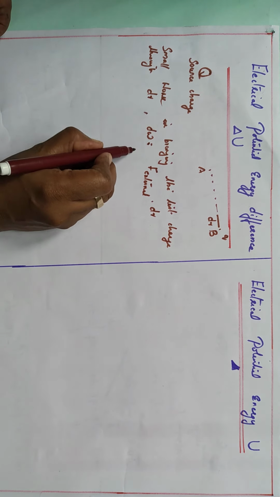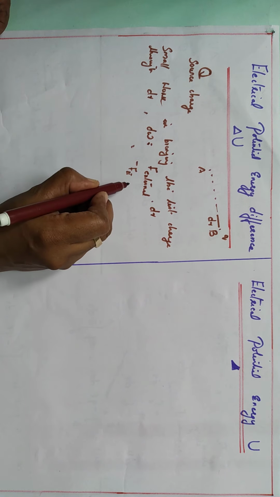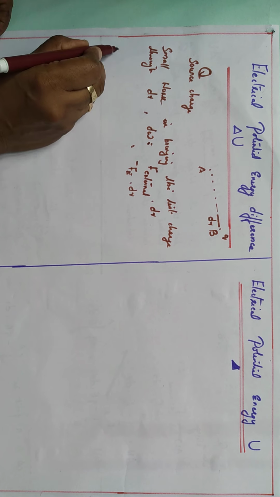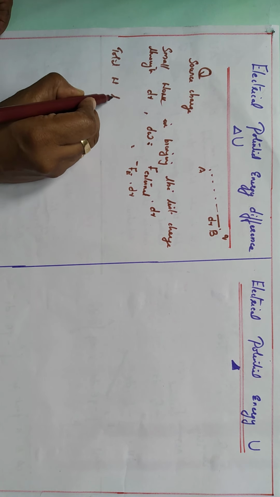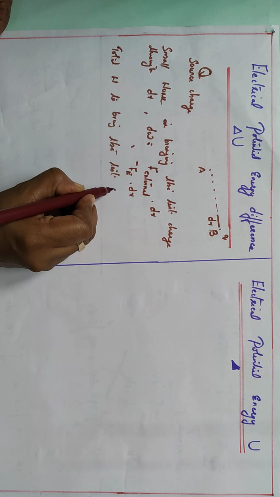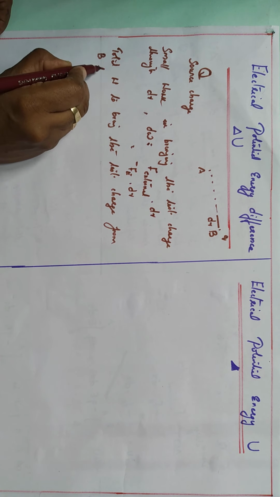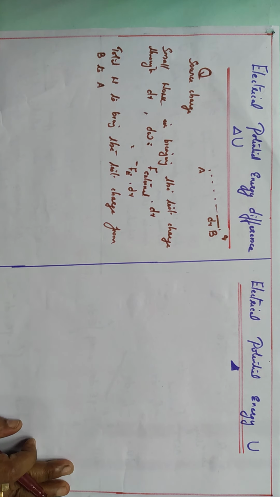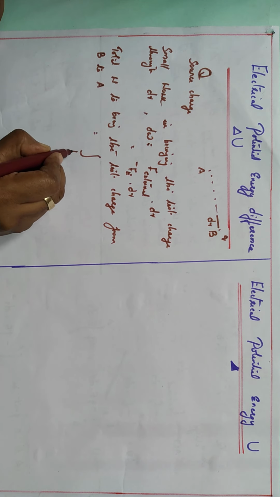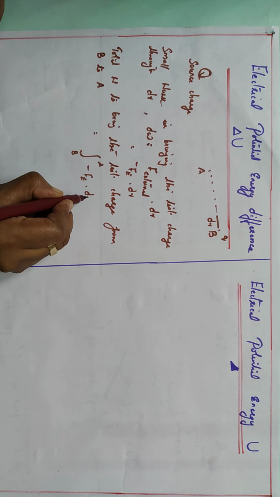So F external can be written as minus F electrostatic, the Coulomb force, dot dr. Now, what is the total work to bring the test charge from the initial point B to the final point A? How will you find the total work done? We can integrate. That is equal to the integral from B to A of minus Fe dot dr.